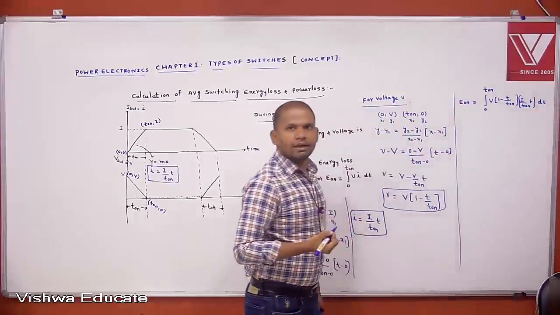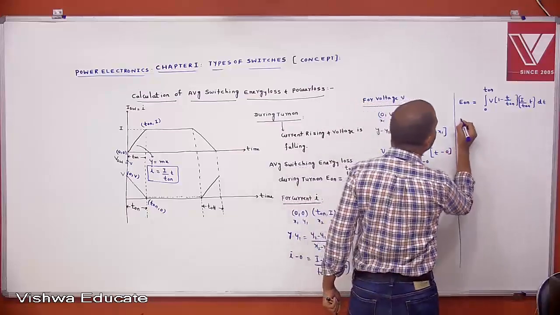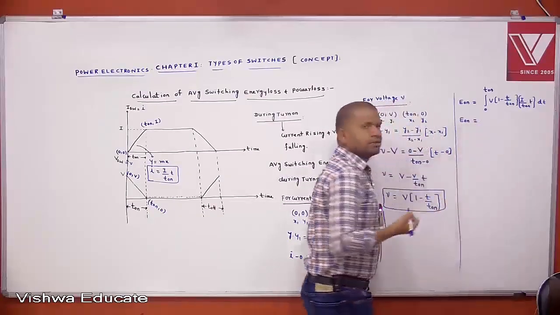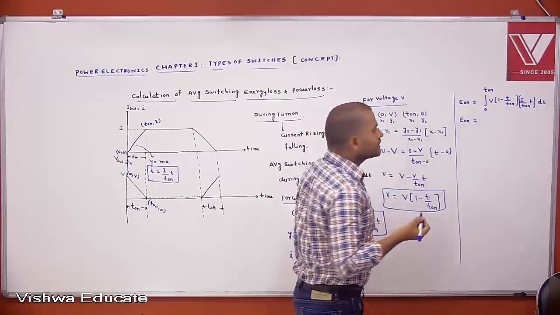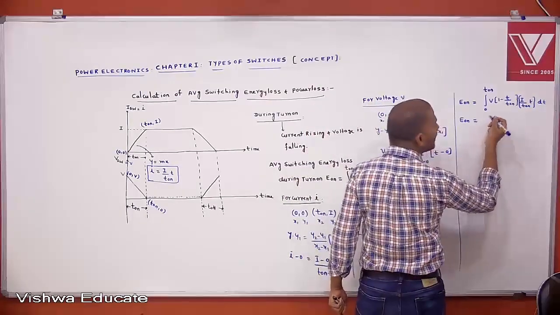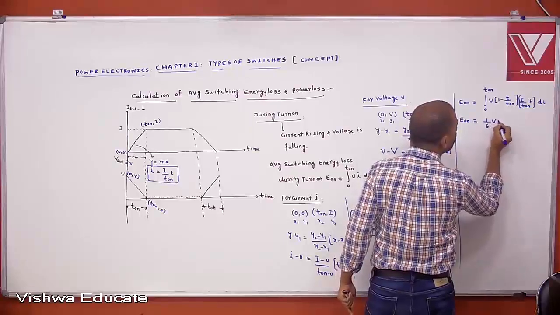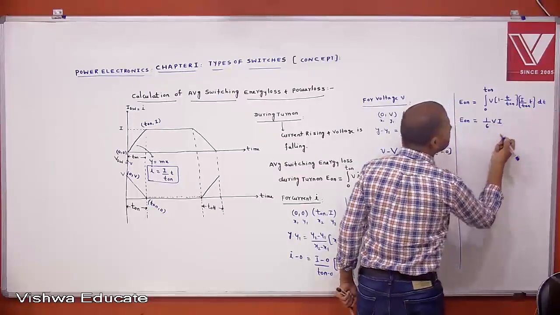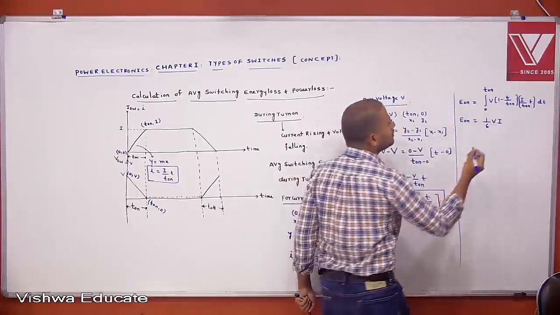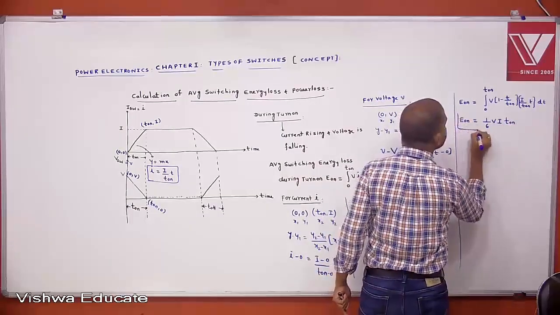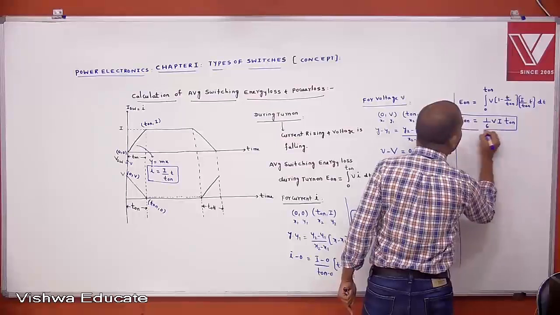Then integrate and substitute the limits. Then you get 1 by 6 V I into T on. This is the average on state switching energy loss.